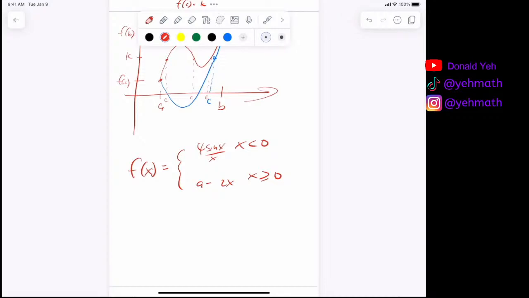Continuous on the entire number line. So find the value of a where the function is continuous on the entire line.